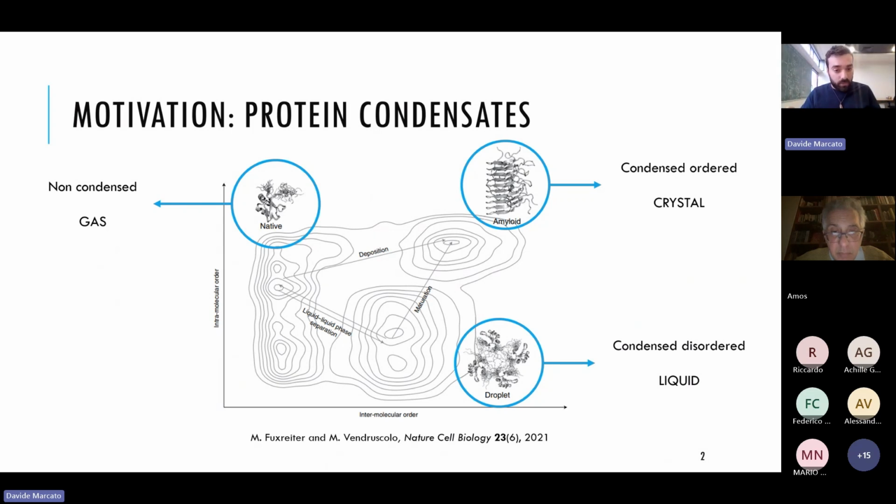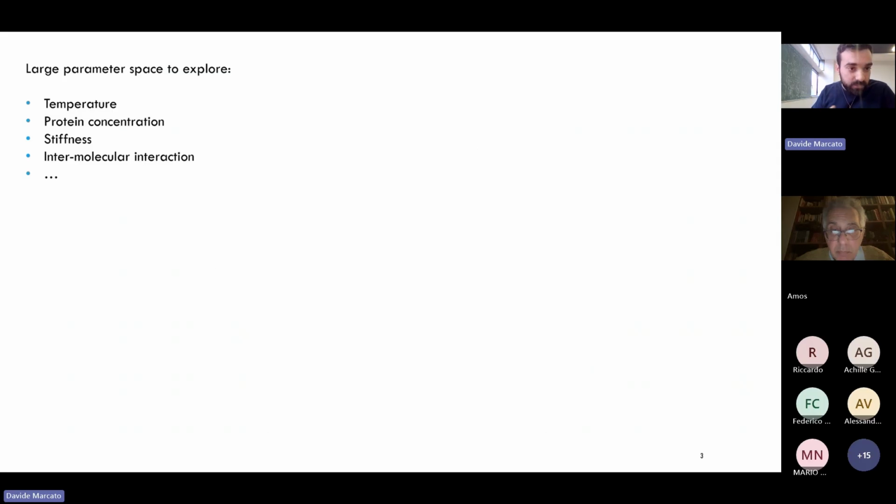If one wanted to be more quantitative on this sort of system, you would soon encounter a problem: you have to determine a phase diagram in a parameter space which has a lot of axes. For example, you need to check what happens when you change the temperature, the protein concentration, the stiffness of the molecular backbone, the intermolecular interaction, the pressure, and so on and so forth.